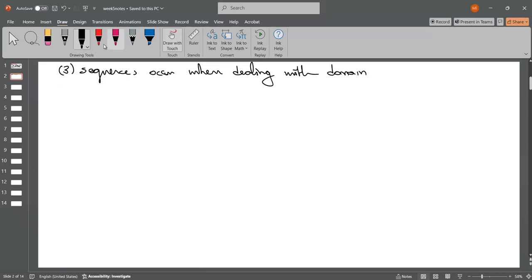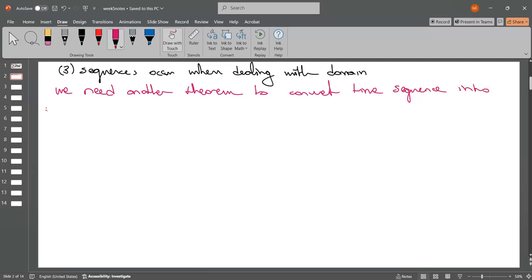So in order to analyze or describe the properties or efficiently use this theorem, we need another theorem to convert the time sequence into the algebraic equation, possessing roots. Just like the Laplace transformation, right?